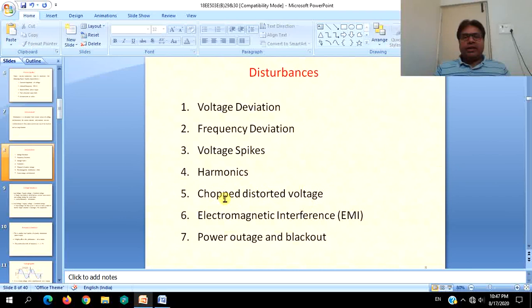Chopped distorted voltage is due to the operation of power conversion equipment. Then electromagnetic interference, EMI, and power outage and blackout. These things we are going to discuss in detail.